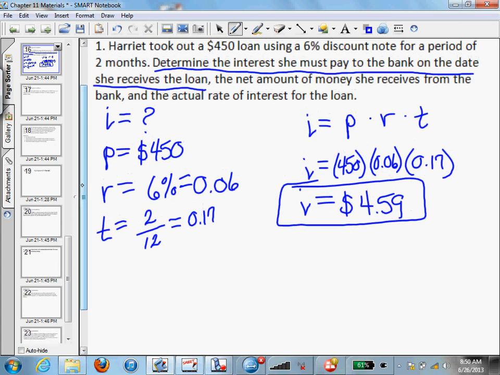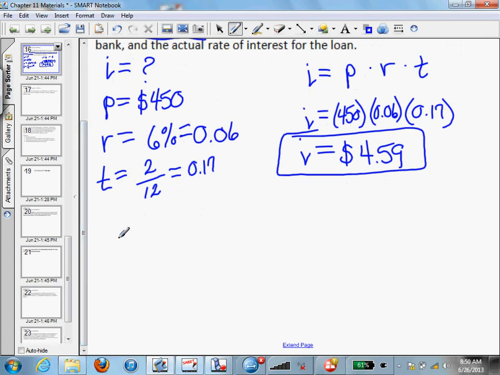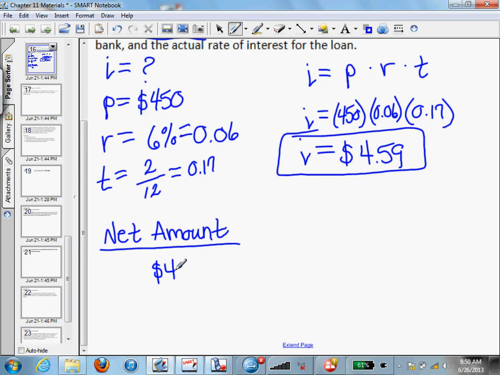Looking at the second part, we had to determine the net amount of the money she receives from the bank. So the net amount is going to be the amount that she borrowed, the principal, that's $450, subtracting the interest that she paid.